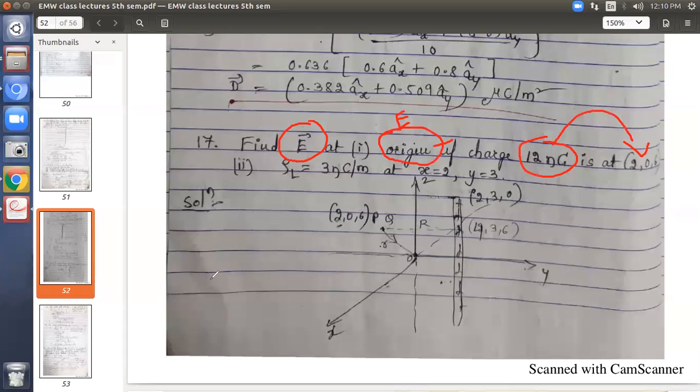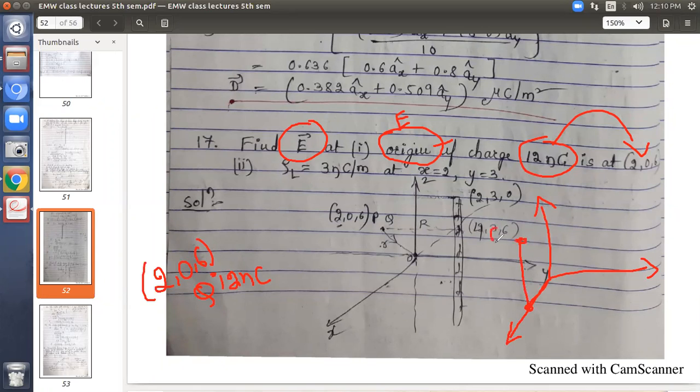We can do this. There is a charge Q and it is 12 nanocoulomb, and that charge is at point 2, 0, 6. Shall I show this on the coordinate system? That is better. For 2, 0, 6, in the x direction travel 2, in the y direction no traveling because y equals 0, and in the z direction go up 6.